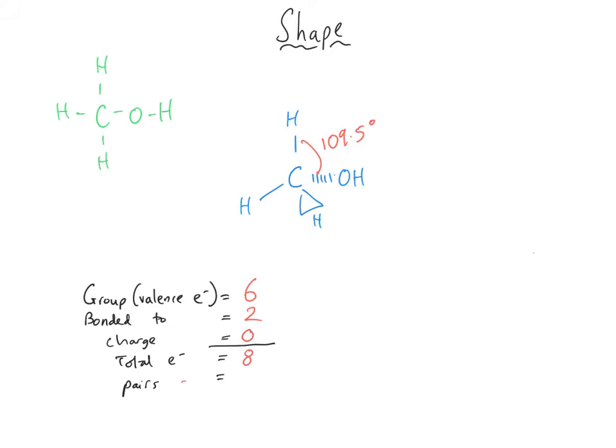We need to obviously divide that number by 2 to get us 4 pairs of electrons, which gives us a starting shape very similar to the tetrahedral shape that I just drew up there from the point of view of the carbon. However, if we track our number of pairs to our number of bonds, we can see that they're different. The oxygen must have 2 bond pairs because it's bonded to 2 different things, which means it's therefore got 2 lone pairs of electrons.